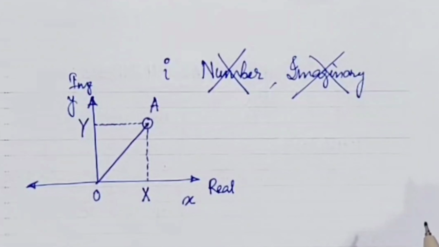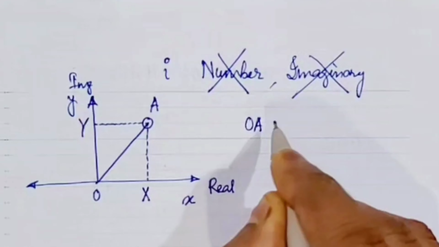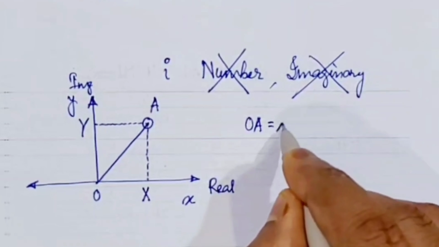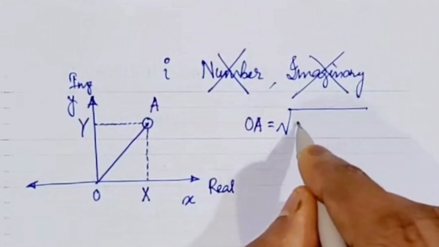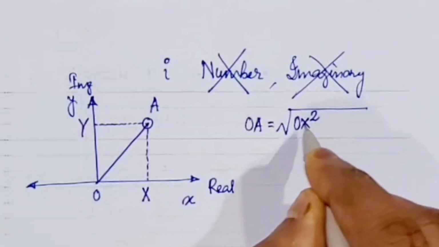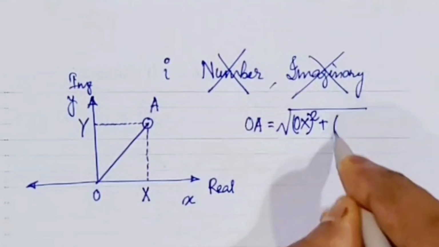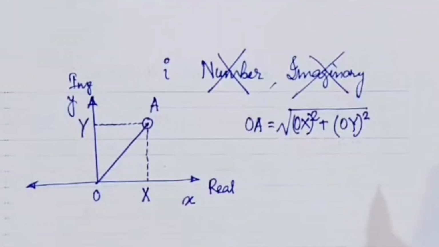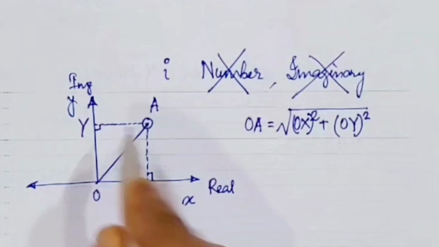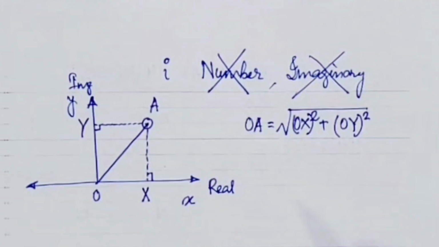As we have already discussed, OA is the square root of OX square plus OY square. Now this is from the standard Pythagoras formula. Just let me have a recap of that. These are 90-degree angles. Since OXAY is a rectangle, AX and OY are of the same length.